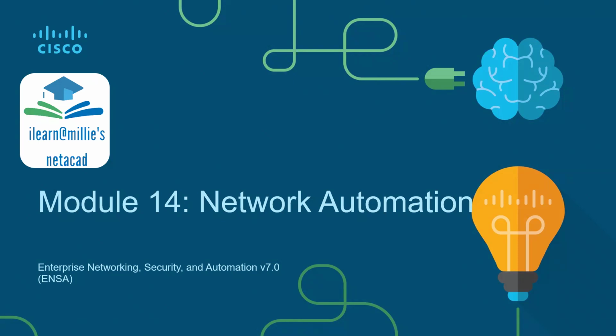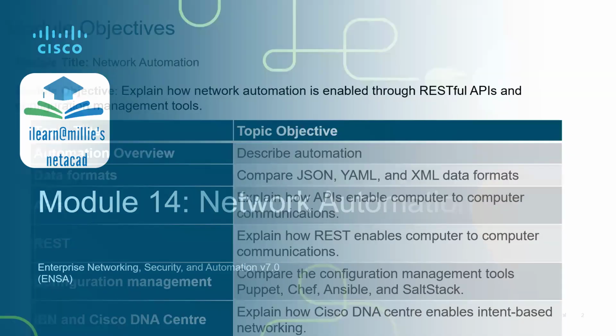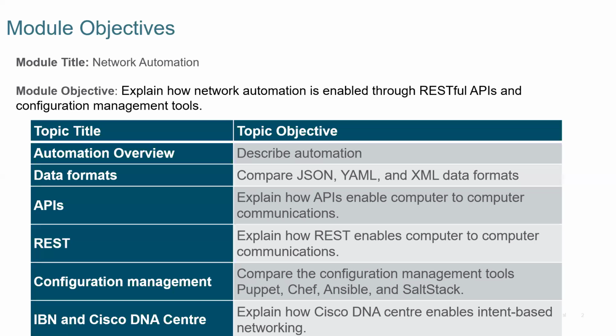Right, so in this module, we're going to explain how network automation is enabled through RESTful APIs and configuration management tools. Basically, we'll describe what automation is. We'll be looking at a couple of data formats, JSON, XML, and YAML.